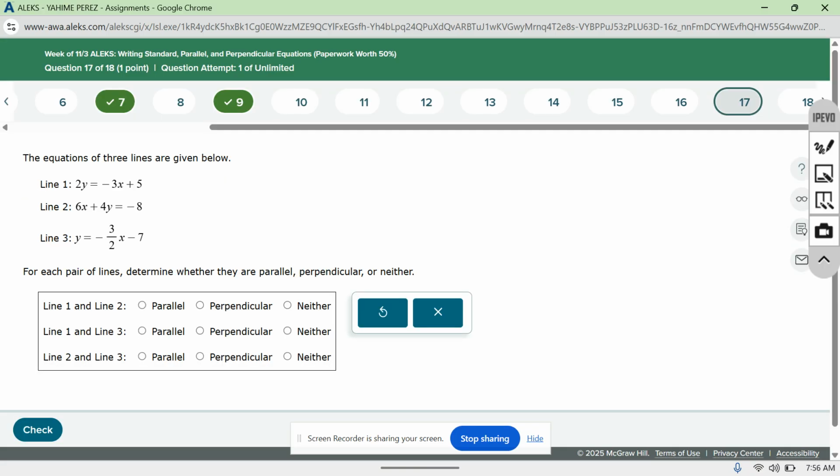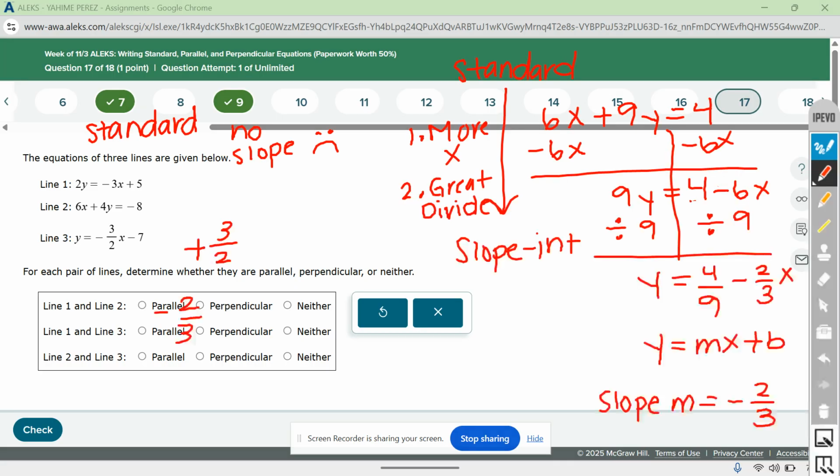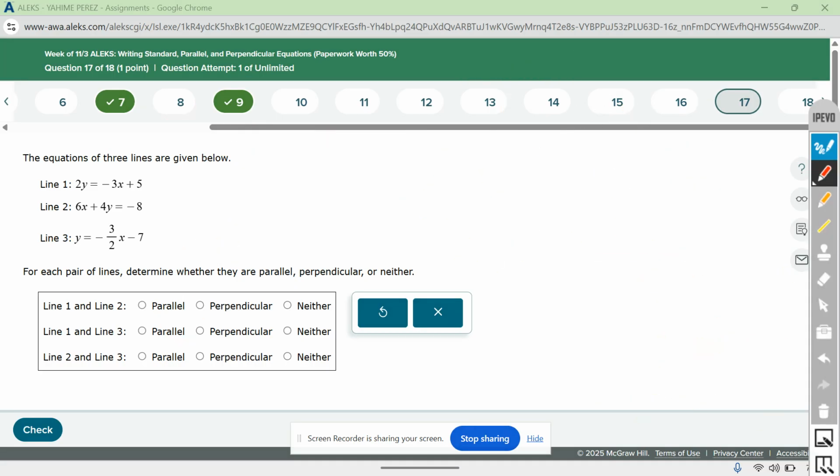Now we have to find the slope of all of these lines and then just compare them. Okay, so line 1. You got 2y equals negative 3x plus 5. That is not quite slope-intercept. So we want to get this to slope-intercept by getting y alone. How do we get y alone?